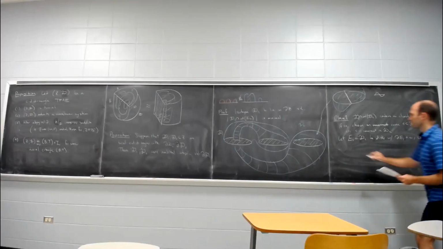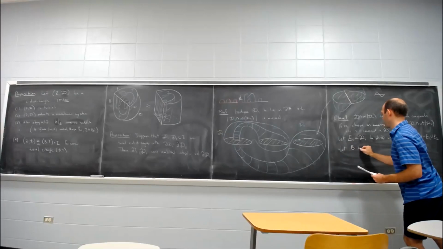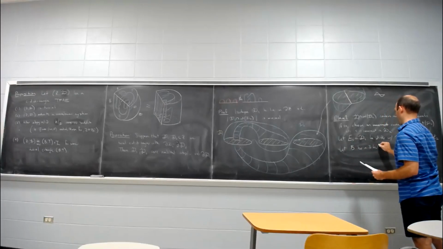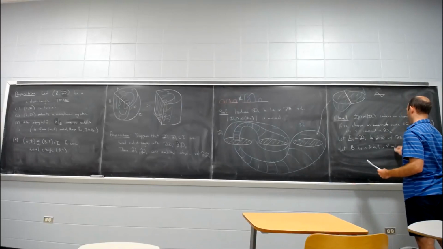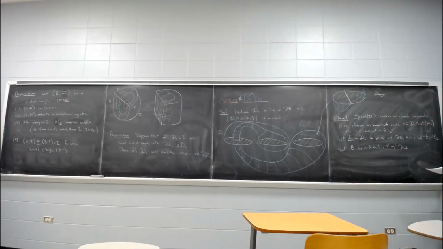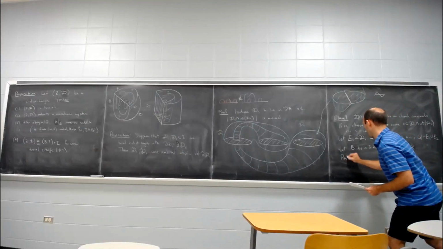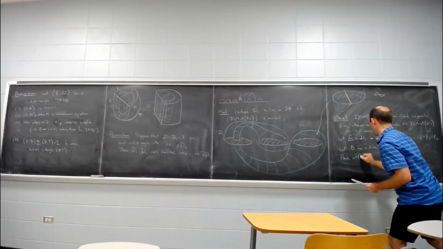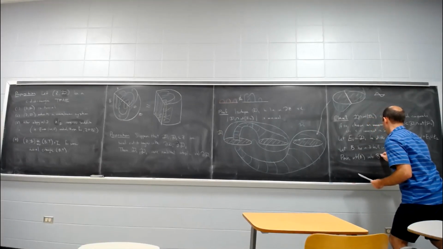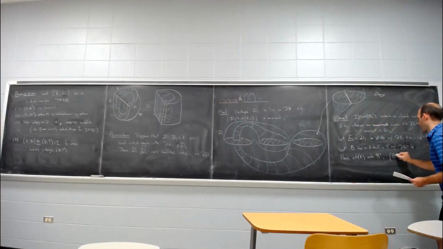And we're going to let B be a three ball in S^3 with boundary Q. And then we are going to push the interior of B into the four ball, so B will be properly embedded.